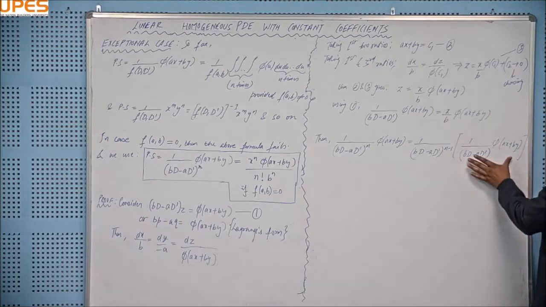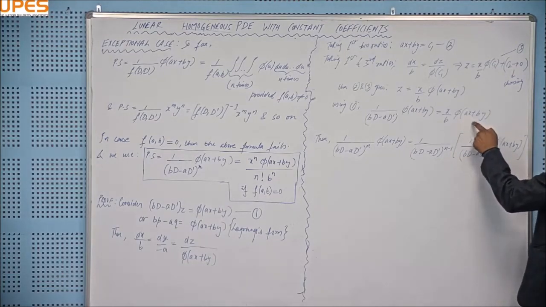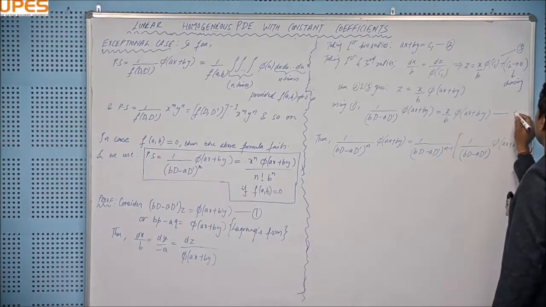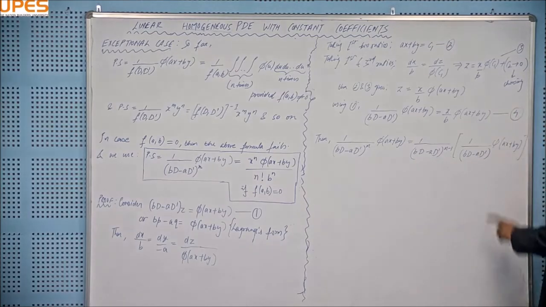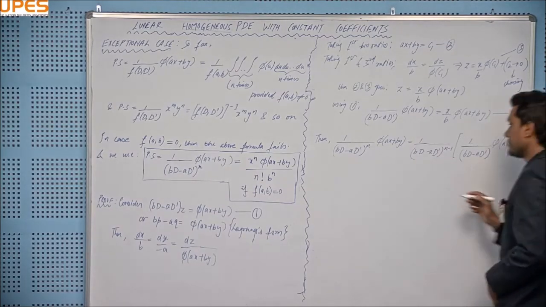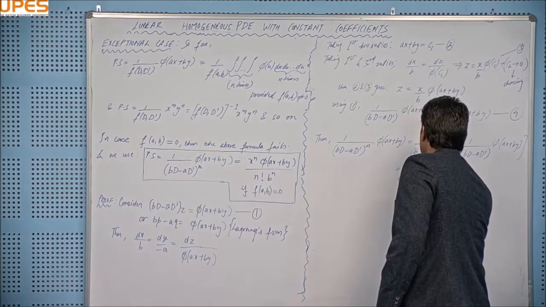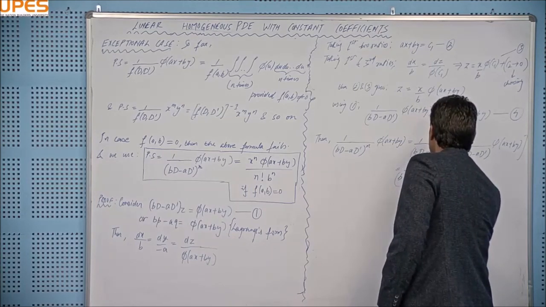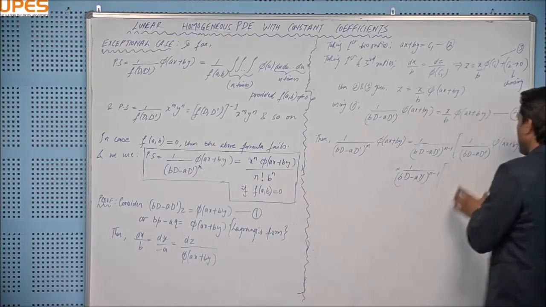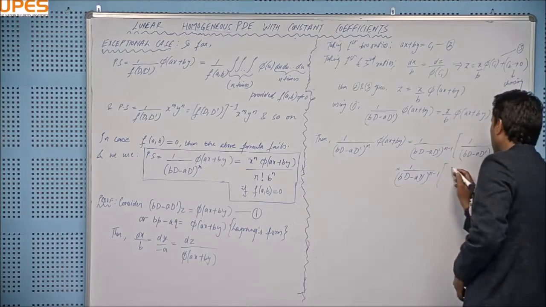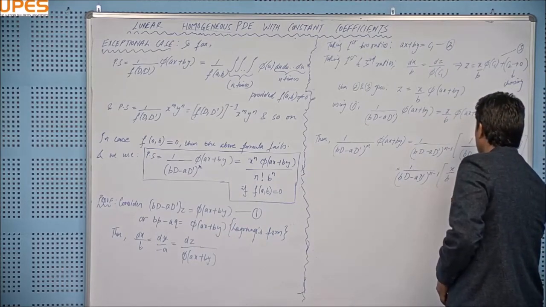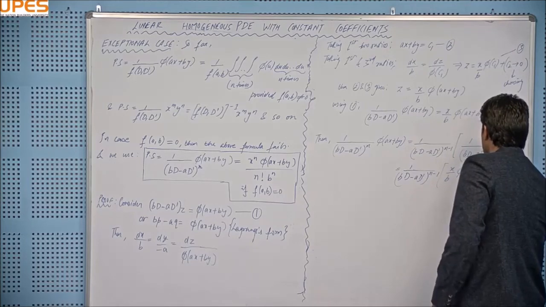Now using this result, it should be equation number 4, I will get 1 upon bd minus a d dash to the power n minus 1, and here the value using equation number 4 will be x upon b phi ax plus by.